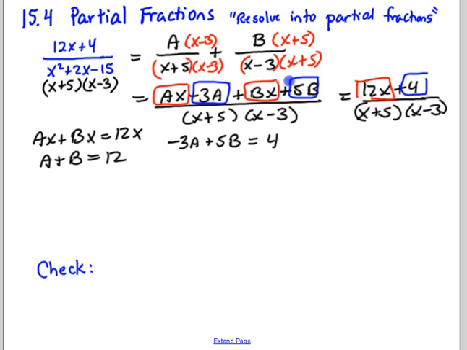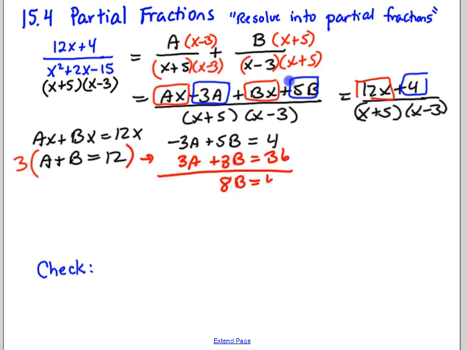Well, to solve a system of equations, one method I can do is just to take this whole equation and multiply it by 3 and write it over here. So this would be 3a plus 3b is equal to 36. Adding these together, I get 8b is equal to 40, or b is equal to 5.